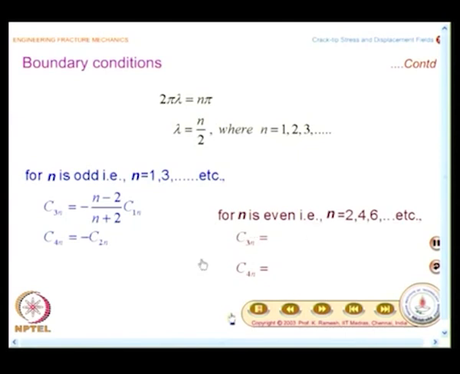When n is even, that is n equal to 2, 4, 6, I get C3n equal to minus C1n and C4n equal to minus (n minus 2) divided by (n plus 2) into C2n.